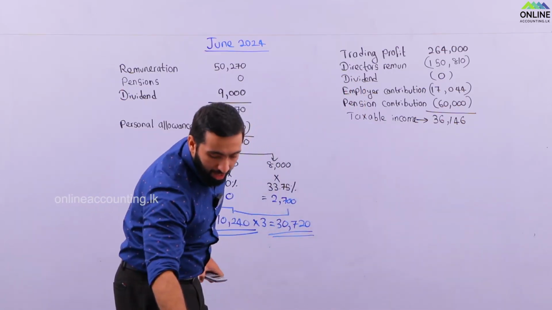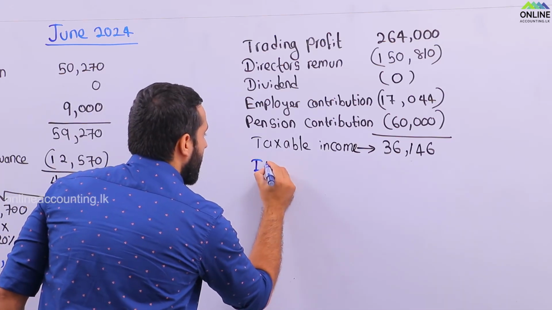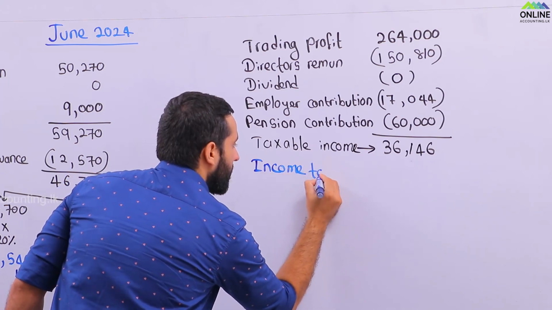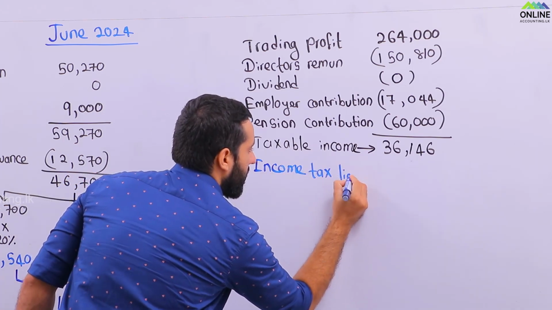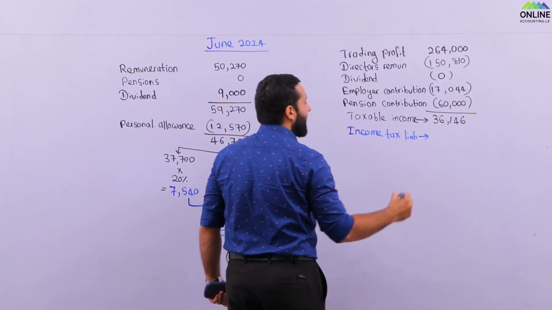And the income tax liability. Yes, to get the income tax liability, you take it at 19%.